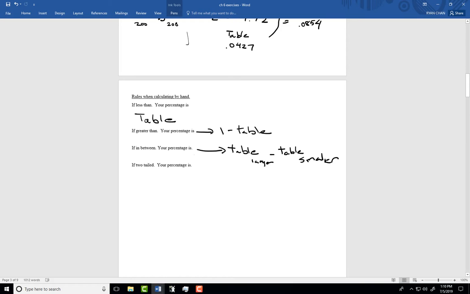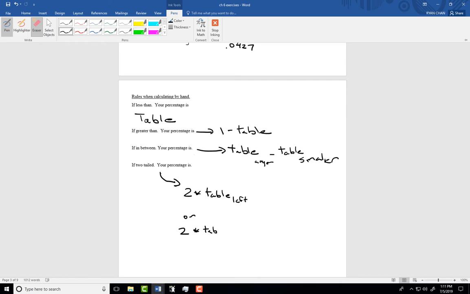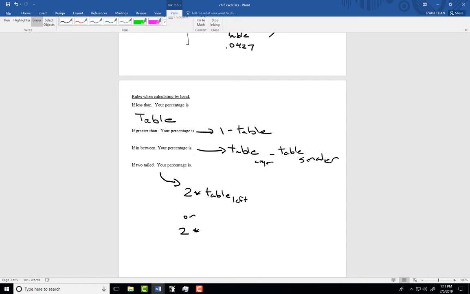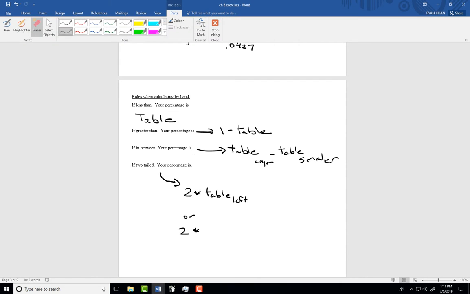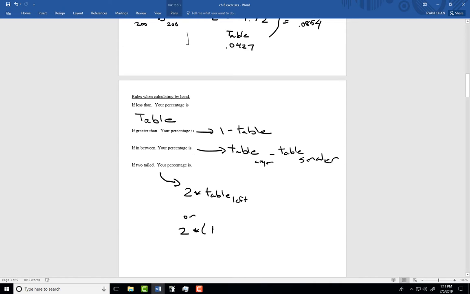And if it's two-tailed, your percentage is going to be either 2 times the table of the left or 2 times one minus the table of the right, okay?